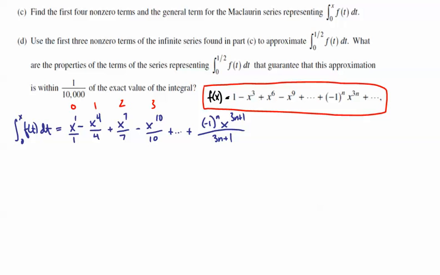Now, in part D, we want to use the first three non-zero terms of the infinite series found in part C to approximate the integral from 0 to 1/2 of f of t dt.